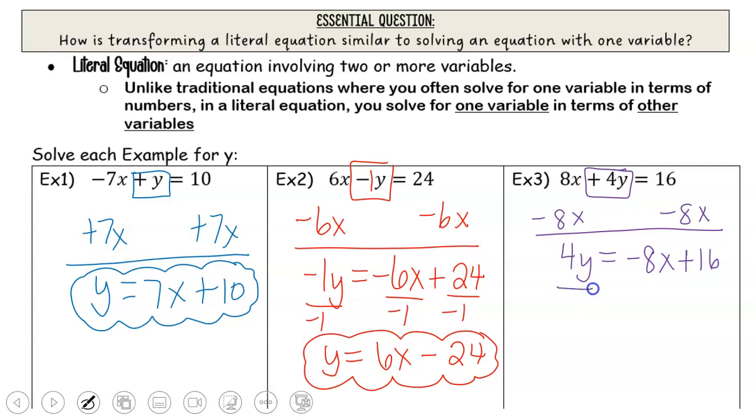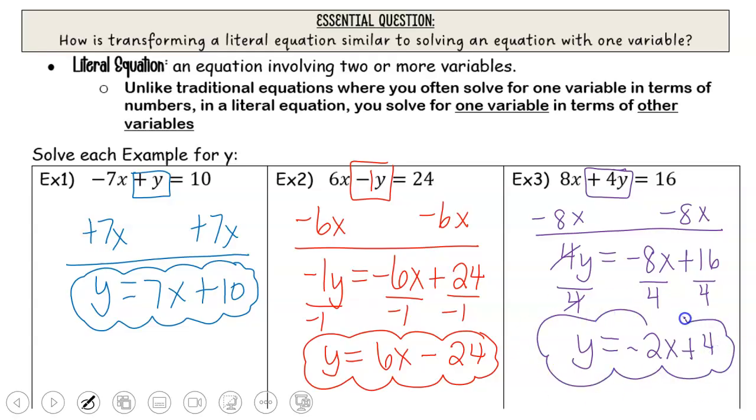So to undo times 4, I'm going to divide everything by 4. And so those cancel out, and I'm left with y equals negative 8 divided by 4 is negative 2x, and 16 divided by 4 is 4. And I have y isolated.